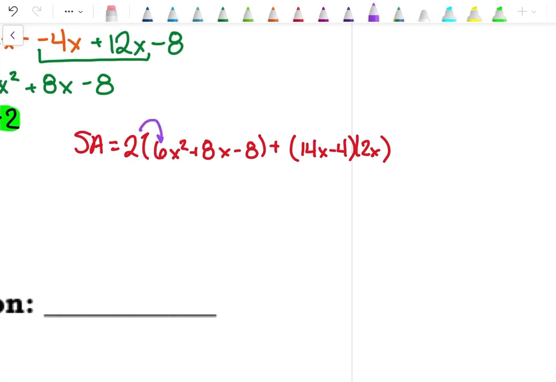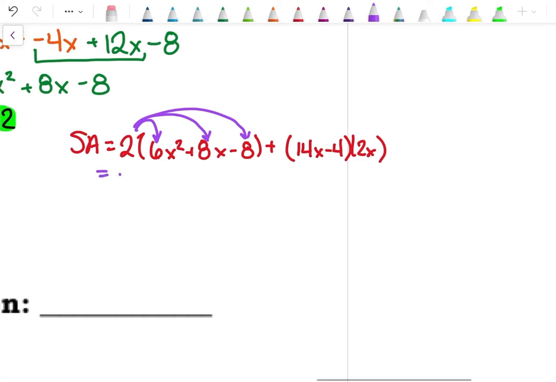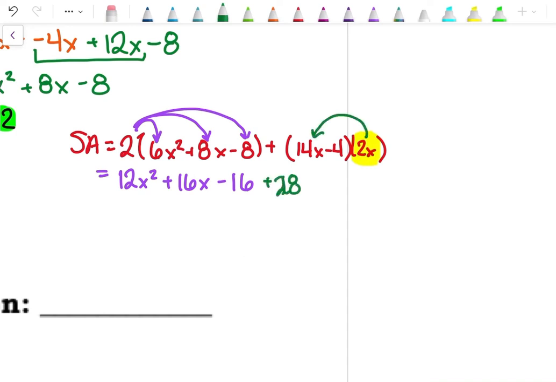First thing I'm going to do is distribute my 2 into my first set of parentheses and multiply everything times 2. So 6x squared times 2 is 12x squared. 8x times 2 is 16x, and minus 8 times 2 is minus 16. Then, on my other set of parentheses, I'm going to multiply this 2x by everything in that set of parentheses. So 2x times 14x is 28x squared. And 2x times minus 4 is minus 8x.